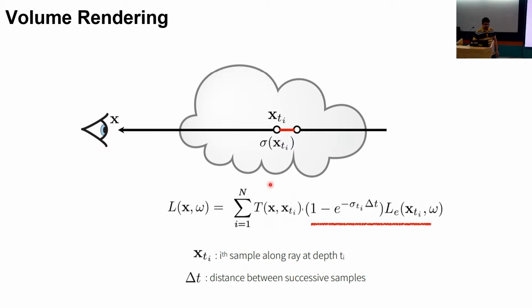We only know the final pixel value, the luminance at this point, and this can be easily derived from the previous densities. We'll see that in the NeRF paper.